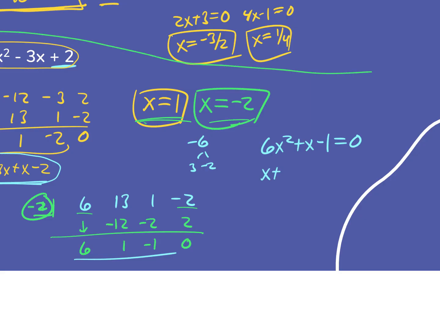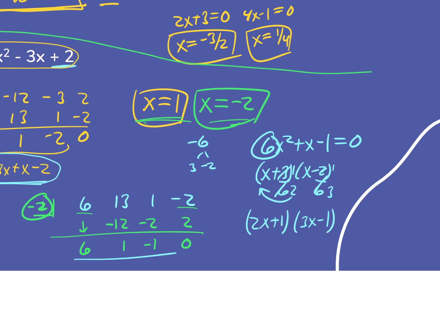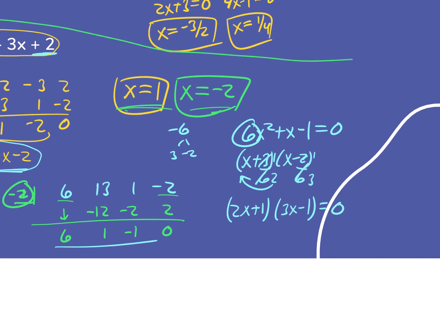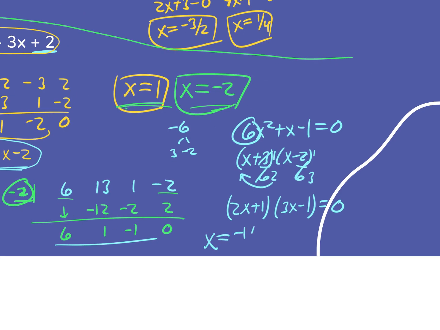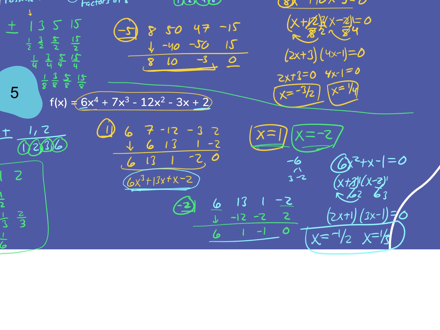We get x plus 3, x minus 2 divided by 6, and then we get 2x plus 1, and then this simplifies to 1/3, so 3x minus 1 equals 0. And then I get 2 more zeros, which are x equals -1/2 and x equals 1/3. So then we get all of our zeros here. We get 4 total, which makes sense because our highest exponent was 4.